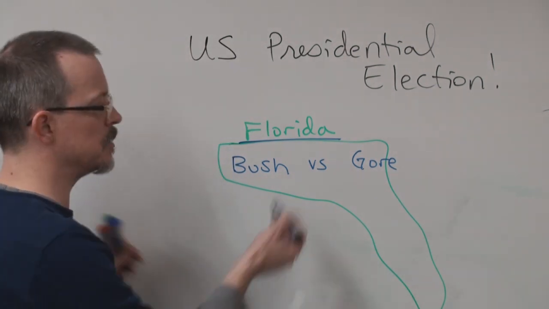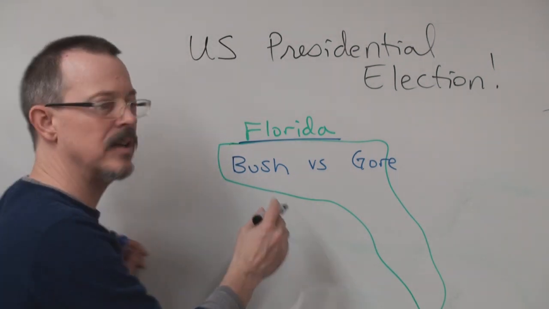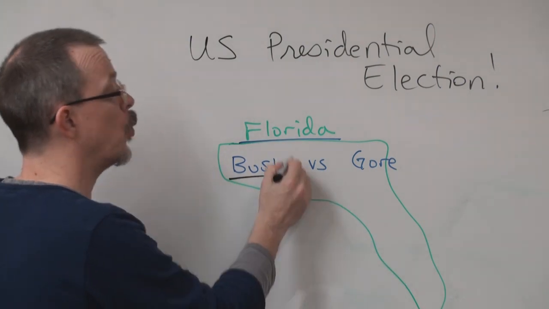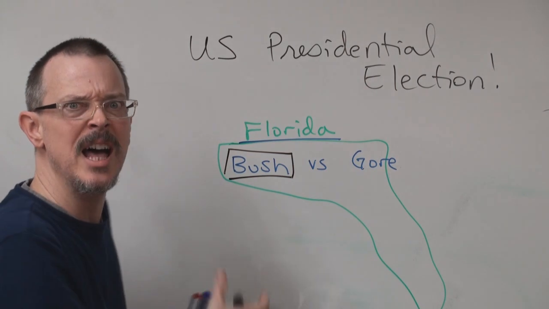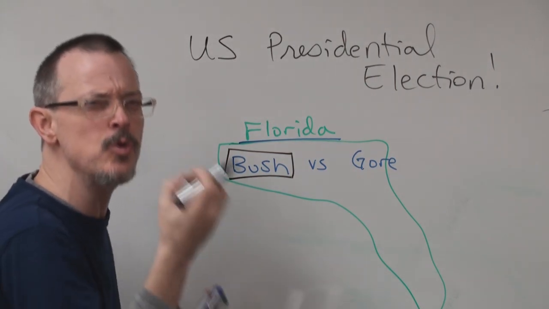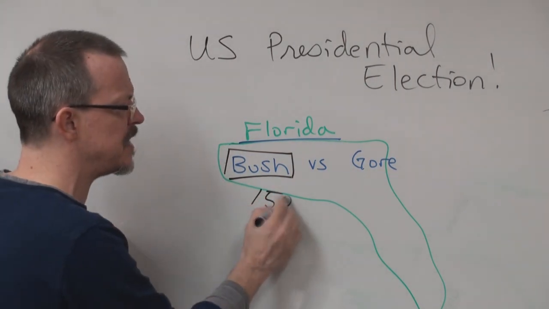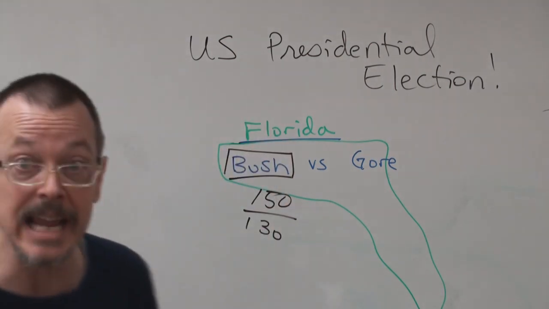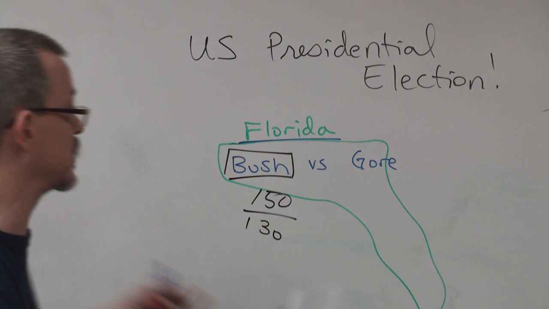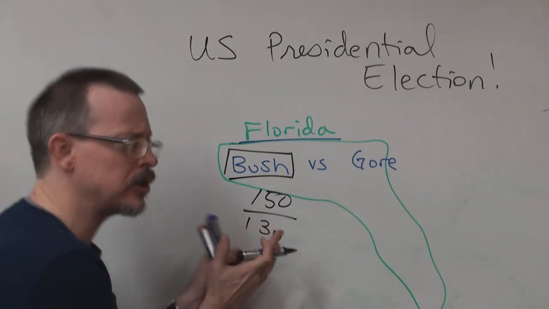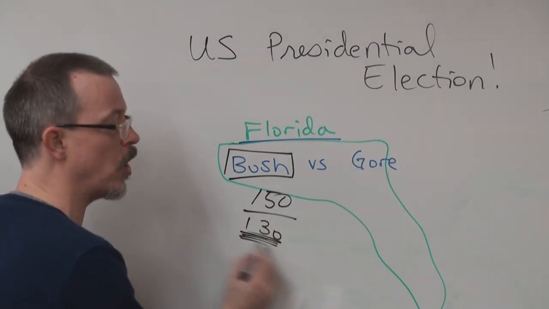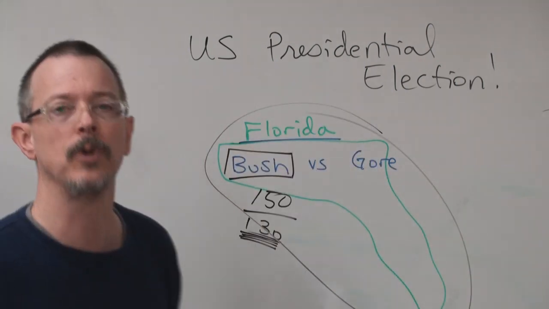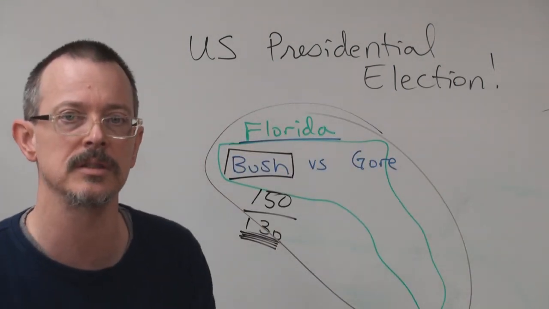So what happened was, basically, according to some groups, Bush won the popular vote by just a few people, like 150 people, 130 people in the whole state. Only 100, wow, so it's like amazing. Very close race. But because he won, he received all of Florida's electoral votes.